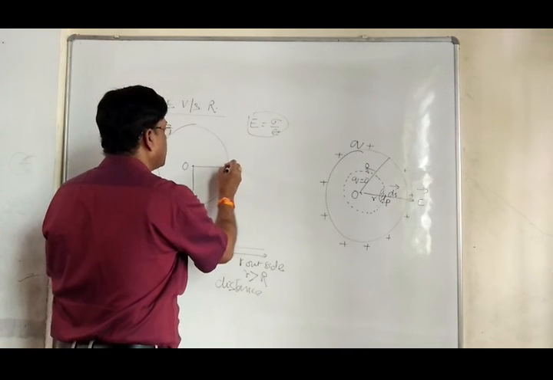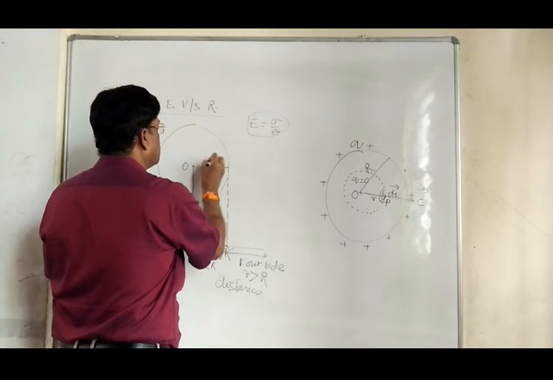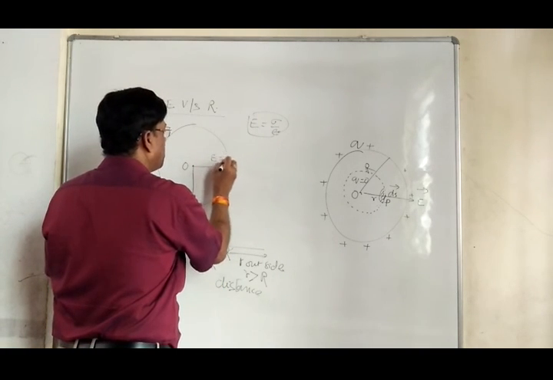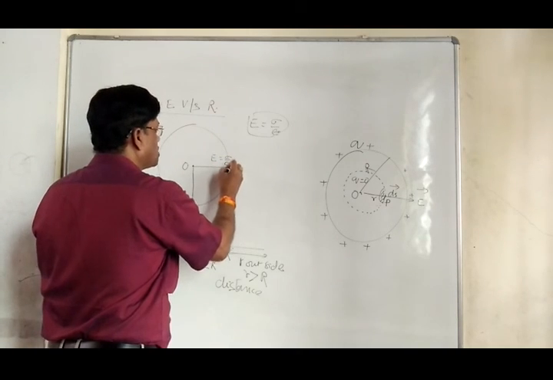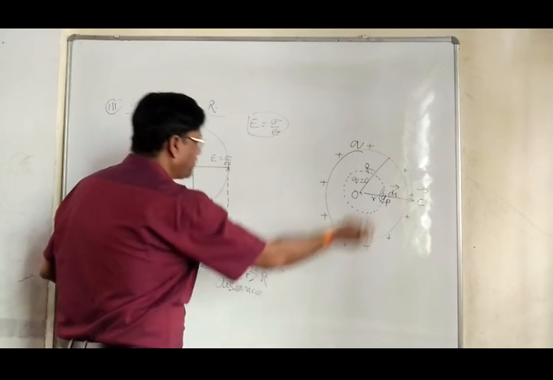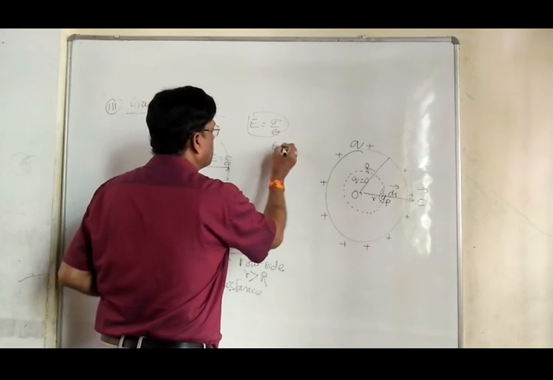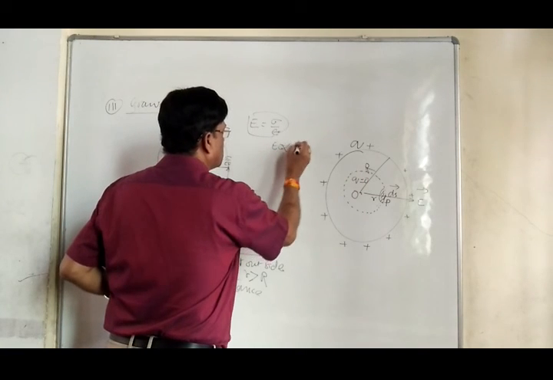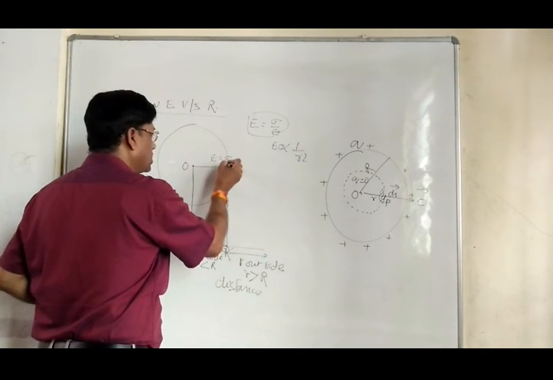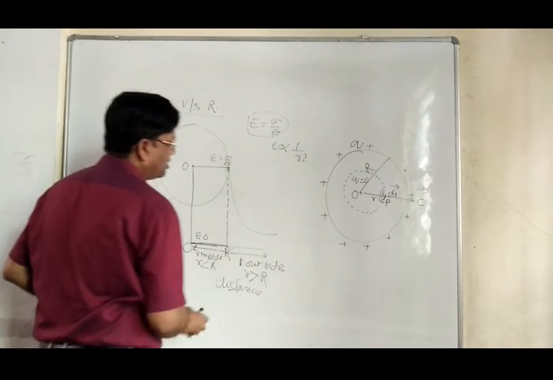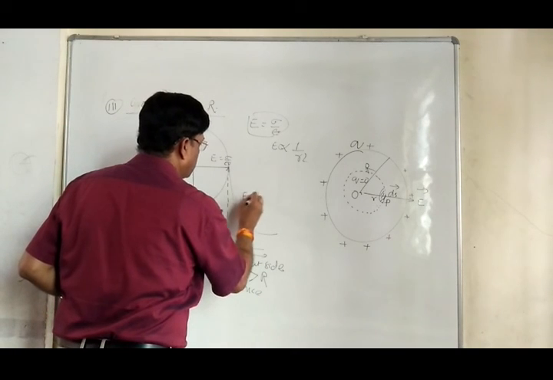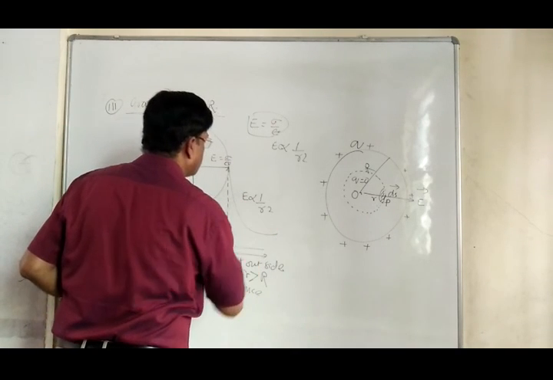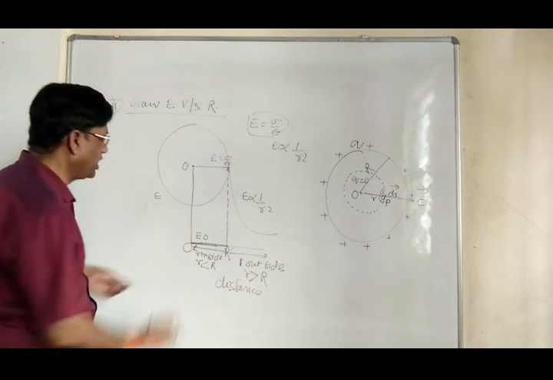At the surface it is here, E is equal to sigma upon epsilon naught. At the surface it is constant. But outside the surface, E is inversely proportional to r square. Then this graph will be this.